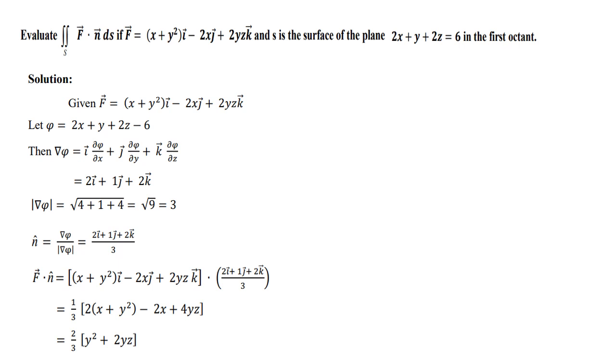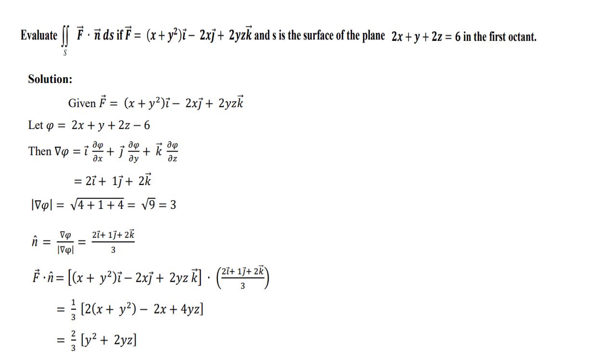Now n cap is equal to del phi divided by the magnitude of del phi, which is 2i vector plus 1j vector plus 2k vector divided by 3. So the dot product of f vector and n cap is (x plus y squared) i vector minus 2x j vector plus 2yz k vector dotted with (2i vector plus 1j vector plus 2k vector) divided by 3.